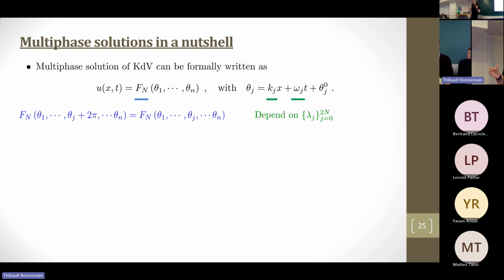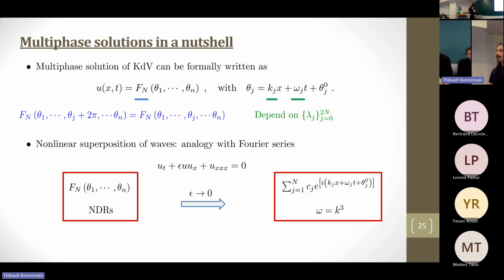And in fact, you can see this as a nonlinear generalization of a Fourier series. So instead of having a linear superposition of plane waves, you have a nonlinear superposition of cnoidal waves, which is the basic solution of the KdV equation.